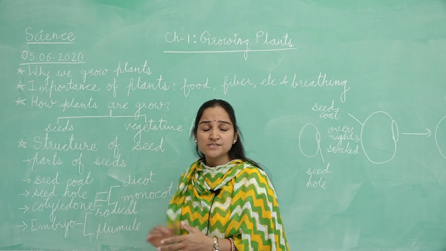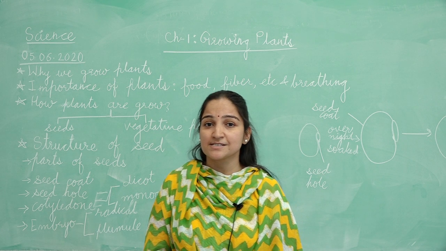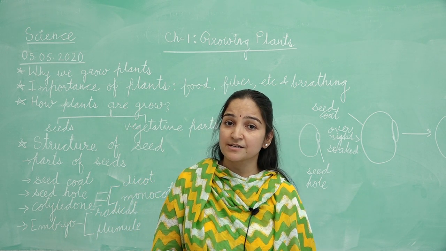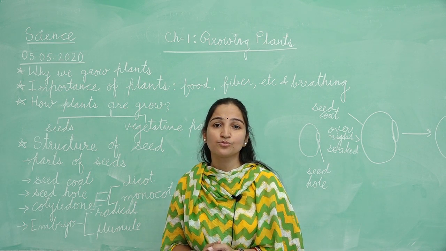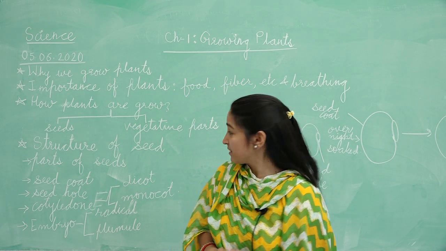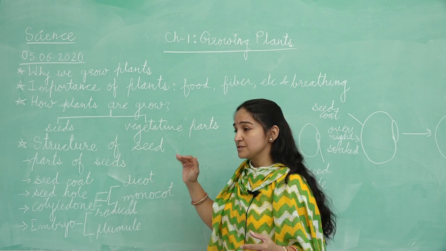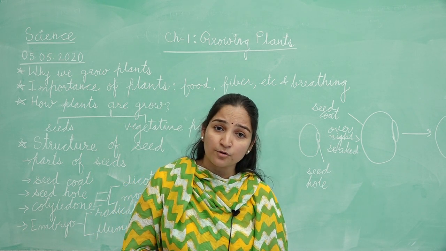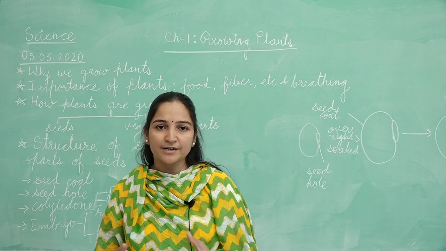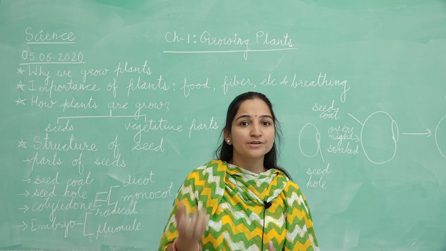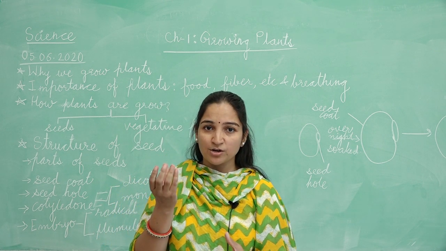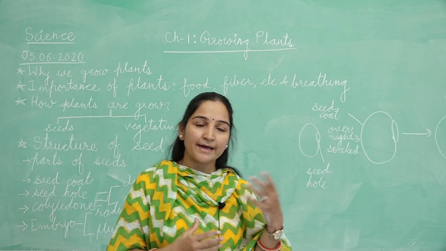Now first of all, we start with seeds, the plants which grow from seed. For that we have to know the structure of a seed. We already know that we eat fruits, and in these fruits we get some seeds, like the big seed in a mango and the small seeds in an apple.